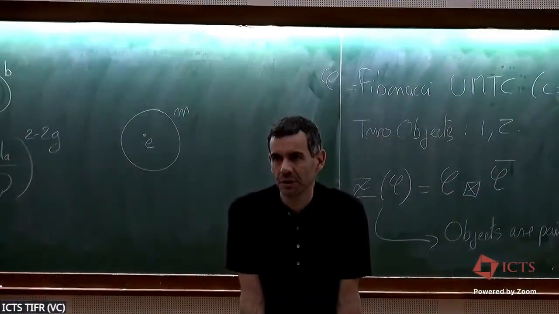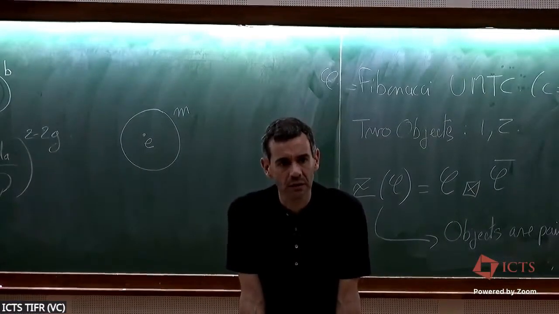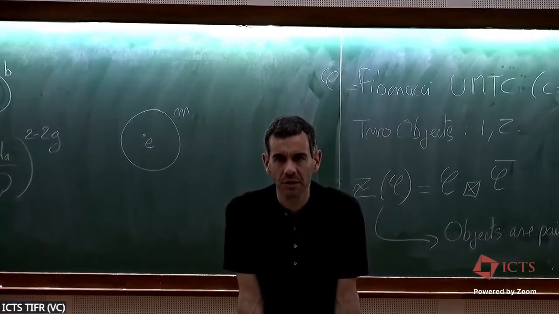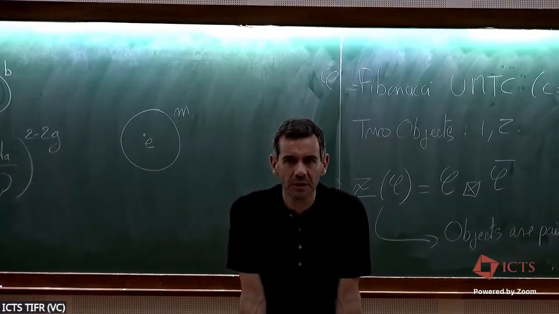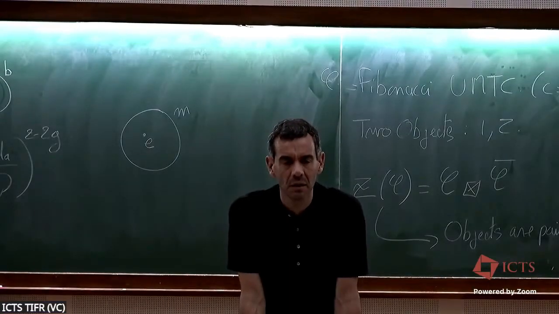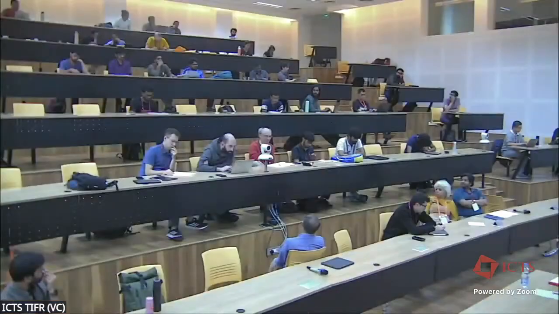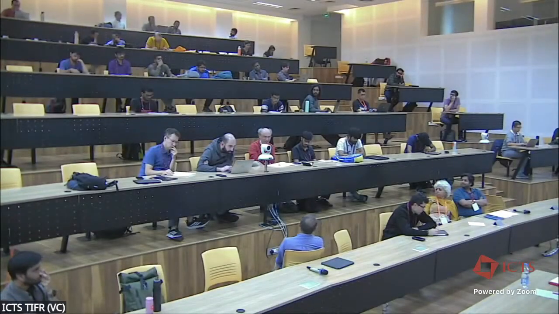I'm not sure there is an algorithmic construction for that. Yeah, maybe by coincidence for some fusion rules, maybe it will turn out to be true, but in general, maybe no. I think no.